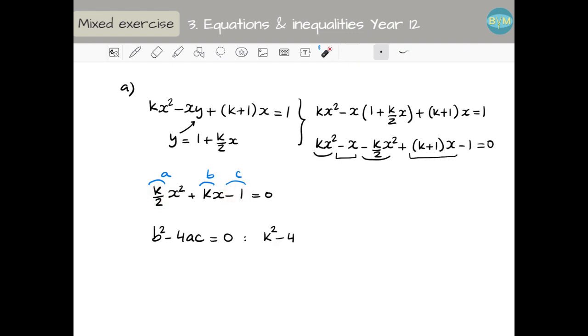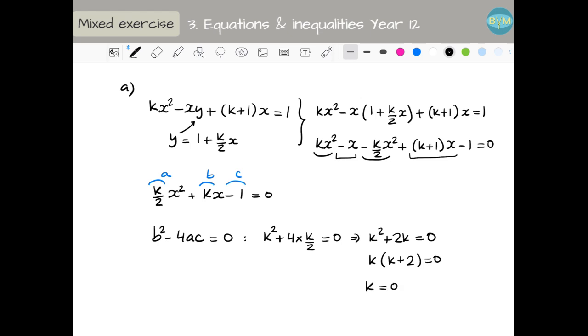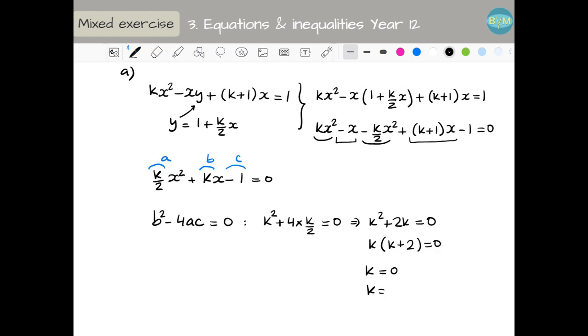The minus and the minus becomes plus. This times k/2 and times 1. So this must be equal to 0, which means k squared plus 2k is 0. If I factorize, I have k times (k plus 2) equal to 0, which gives me two solutions, k equals 0 and k equals minus 2. Just making each of the factors equal to 0.